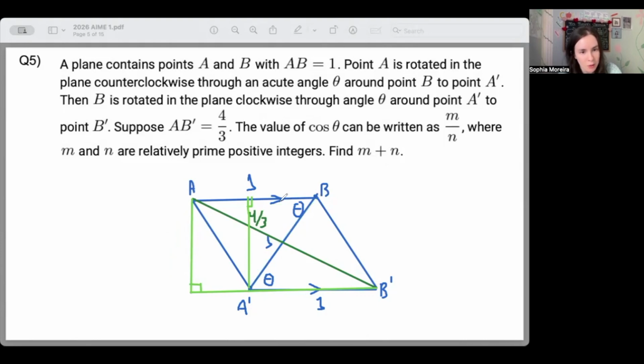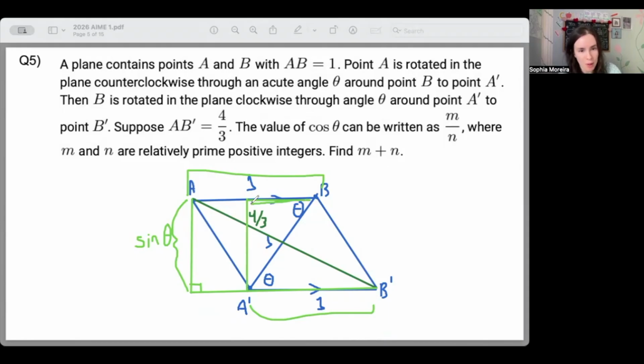The hypotenuse is 1, so this length is sine theta. To get this width going all the way across, it's 1 plus a bit. The bit's not super obvious, so let's try a new strategy: 1 plus 1 minus whatever this overlappy section is.